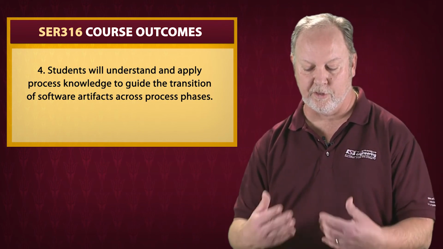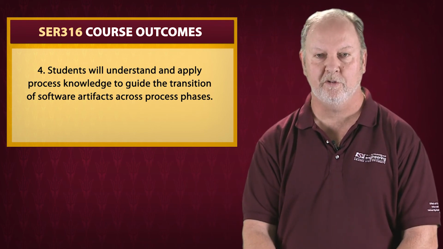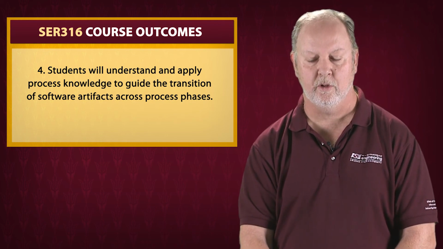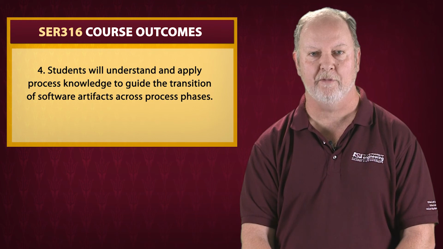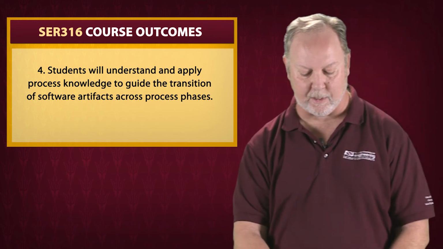So this is part of critical thinking and decision making and again, software engineering practice. We explicitly put you in situations where you have to make a decision, and there's no one right or optimal solution. You have to make a judgment call on what's the foundation for making those decisions. That's the point of that course outcome.